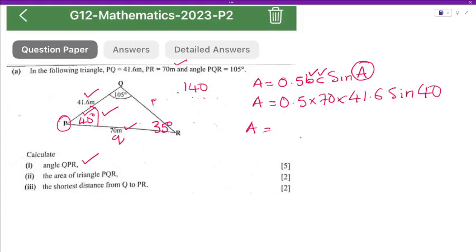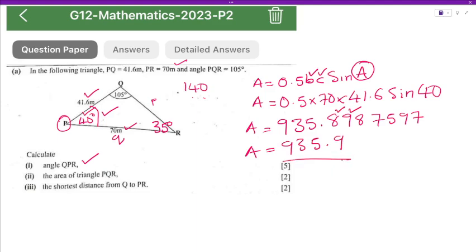Sine 40 equals, okay, gives me 935.898. Okay, we round it off. We're going to have 935 point, this 8 will round upwards to 9. But this is area, and the units they're using are meters, so we need to put meters squared.